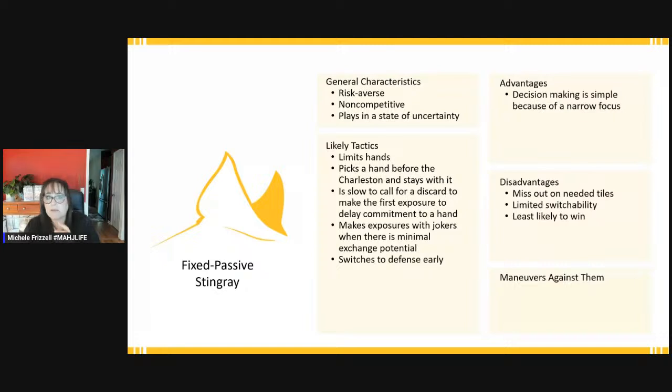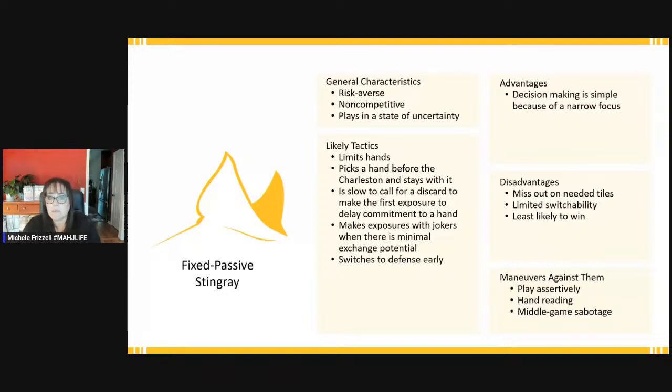So it limits flexibility or switchability. And this playing style is least likely to win when playing with other players who are maybe more assertive in the game.